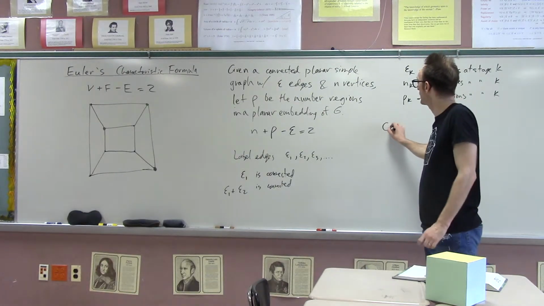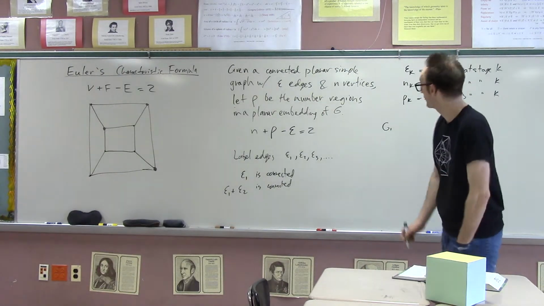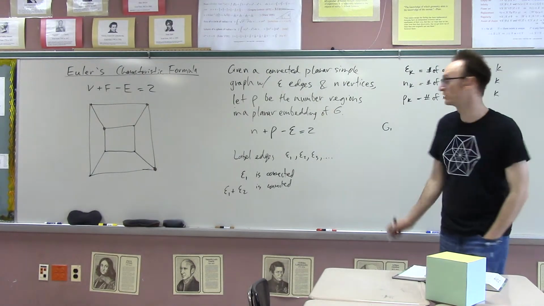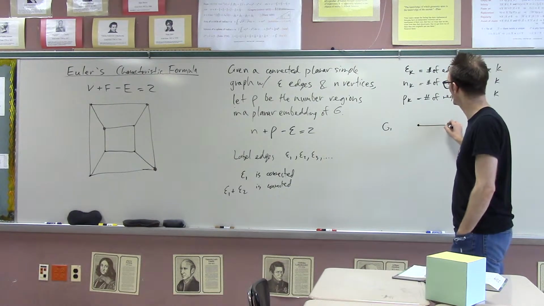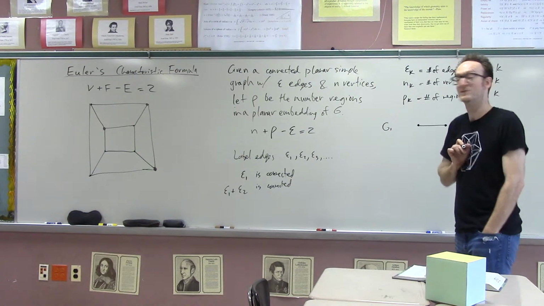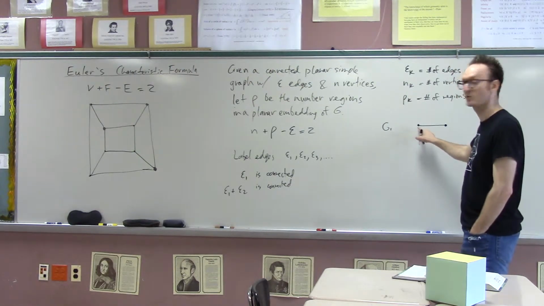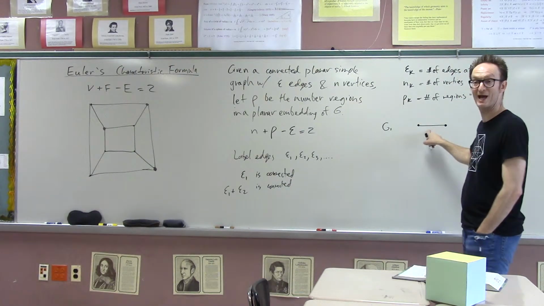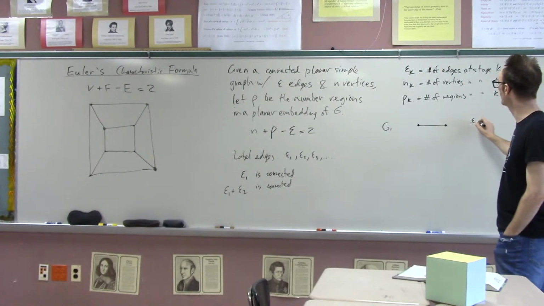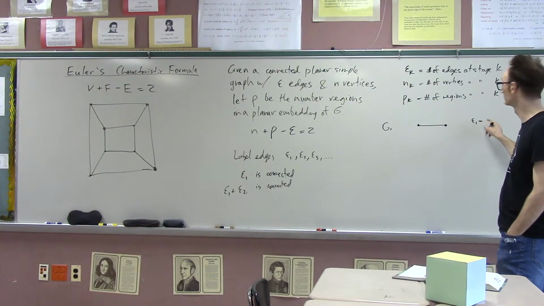What does G1 look like? G1 is the graph with just one edge. It looks like this. Agreed? Okay, good. So it has two vertices and one edge. What is E1, the number of edges at stage 1? 1.